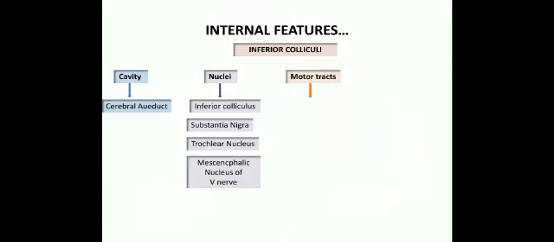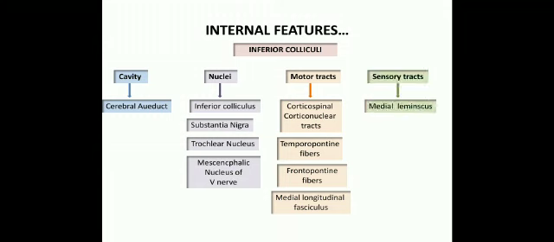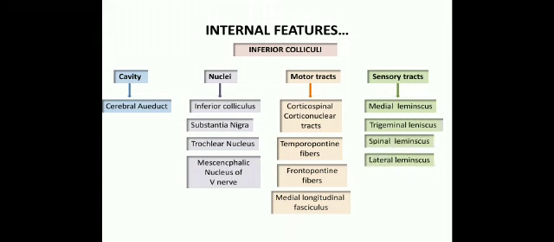The motor tracts include corticospinal and corticonuclear tracts, temporopontine fibers, frontopontine fibers, and medial longitudinal fasciculus. The sensory tracts include the medial lemniscus, trigeminal lemniscus, spinal lemniscus, the lateral lemniscus and the superior cerebellar peduncles. All these structures we can observe at the level of the inferior colliculi.